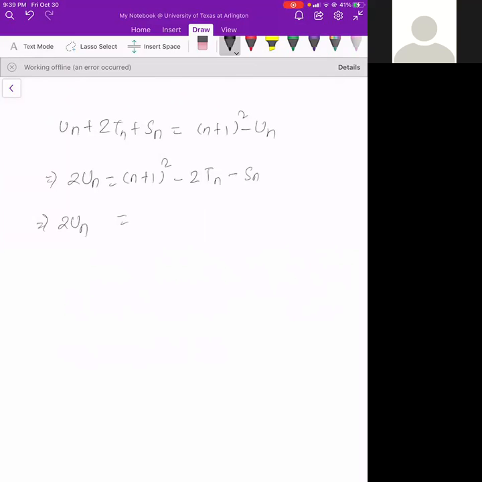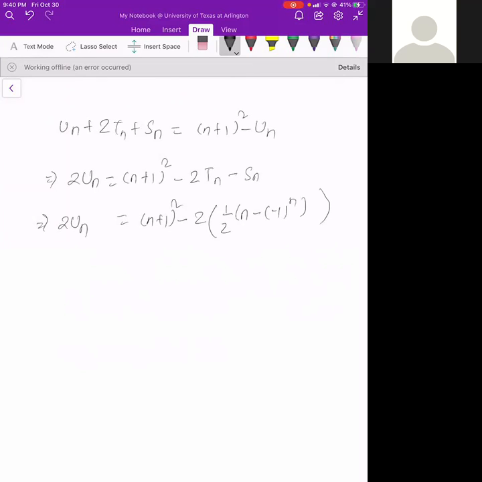So this is going to be n plus 1 whole squared minus 2, and the T_n that we calculated was basically 1/2 of n minus 1 to the power n.